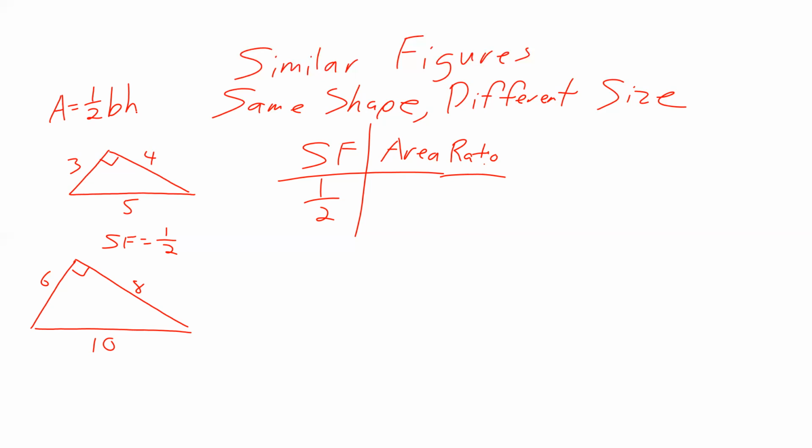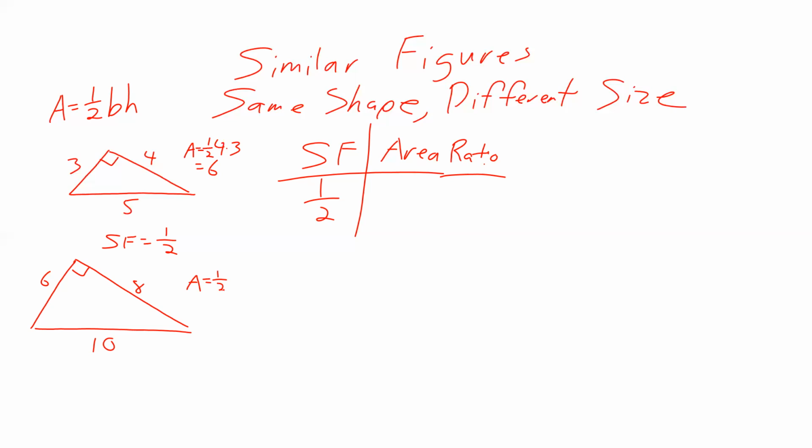So let's solve this. We have area equals 1/2 base and height. Doesn't matter which one you use where, but 1/2 of 4 is 2. 2 times 3 is 6. So my area on this one is 6. Down here, same thing. Area 1/2 base times height.